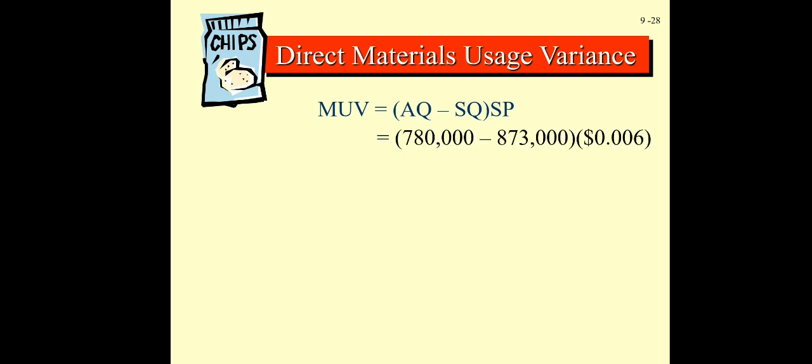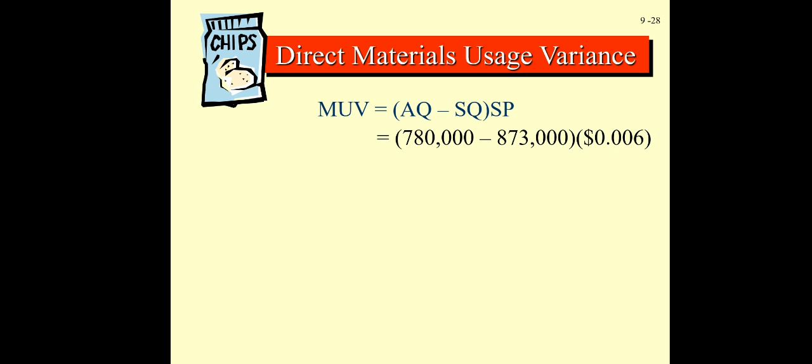Okay, you check the data in the previous slides. You will see that the actual quantity used is 780,000 ounces, I think, and then the standard quantity is equal to 873,000 ounces, and then the standard price for this material is 0.6 cent. So what do you think?